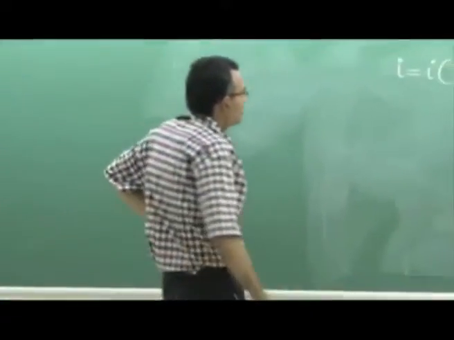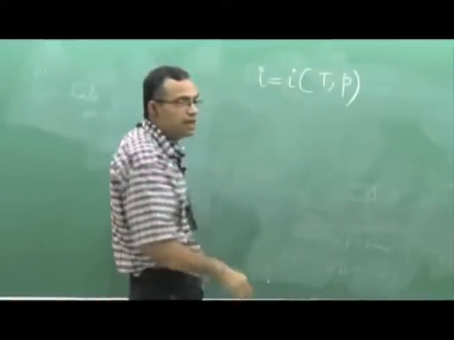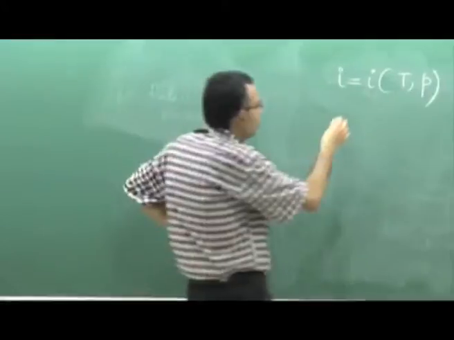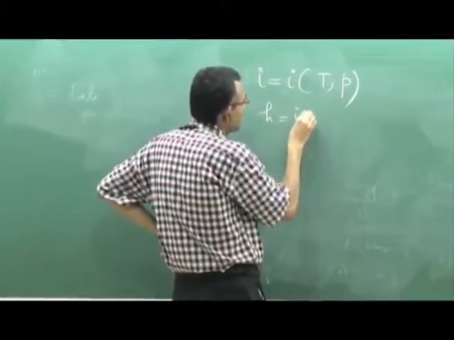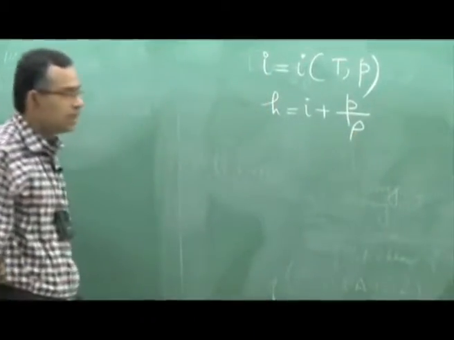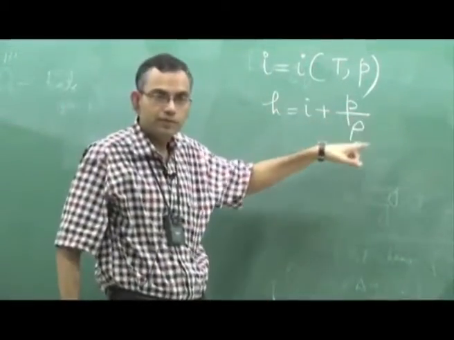Sometimes instead of internal energy we express it in terms of enthalpy. The enthalpy is H equal to U plus PV.